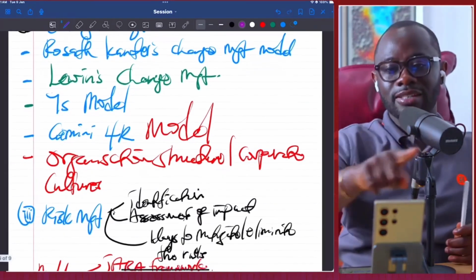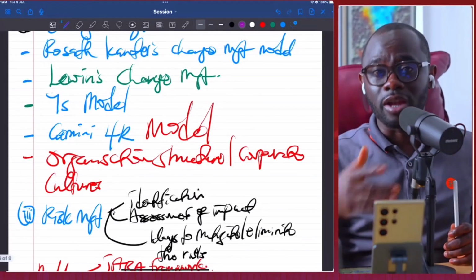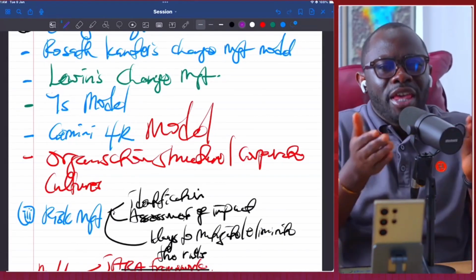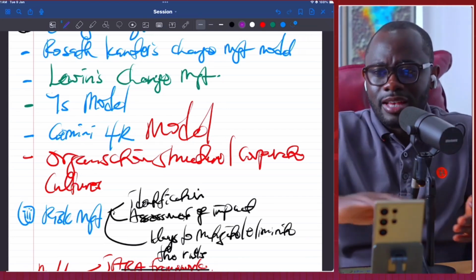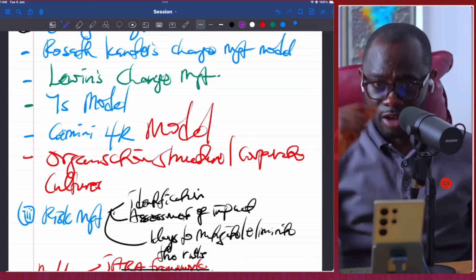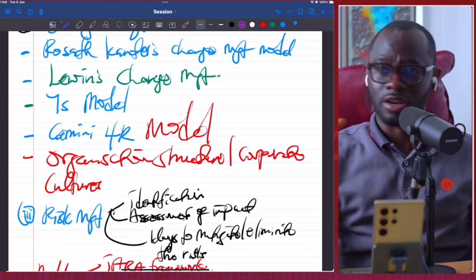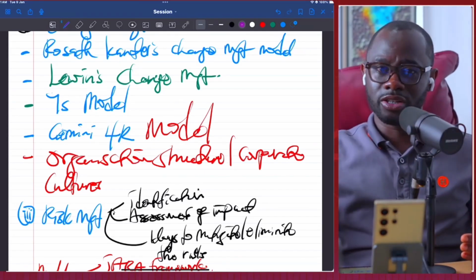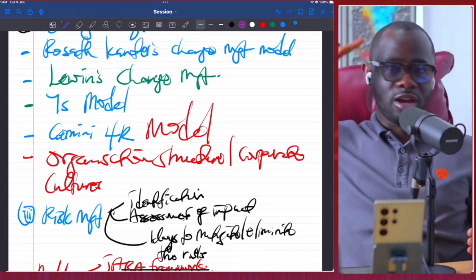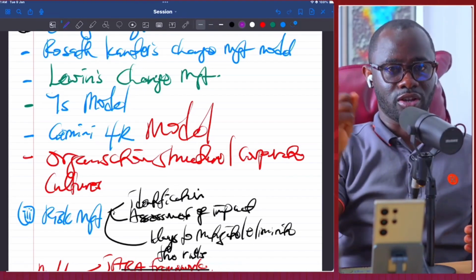Then, organizational structure and corporate culture. Because we cannot use the same organizational structure we were using when we were just selling in Ghana. We have to adopt a new organizational structure now that we want to sell in South Africa, in Paris, and then in London. We have to change the organizational structure.